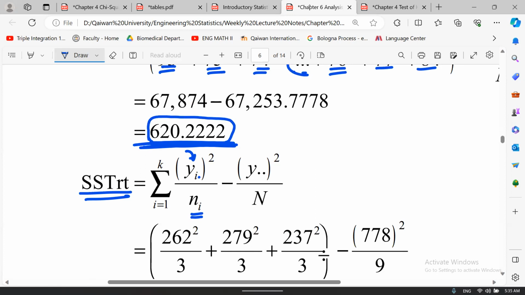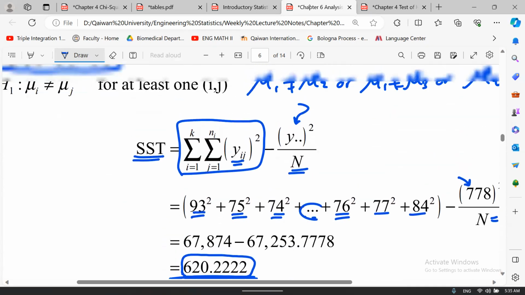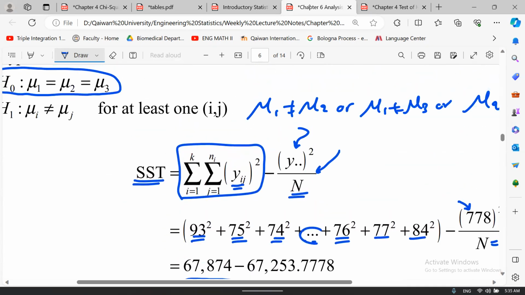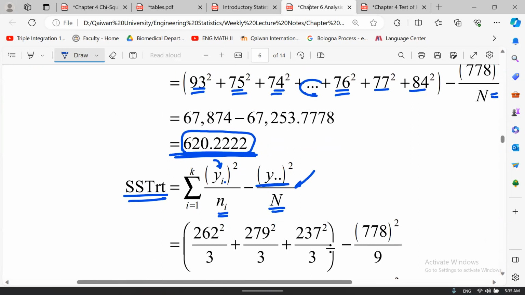We have them both. Yi dot is the sum at each level, and minus y double dot squared over n. Look, in both rules, we have y double dot squared over n. We have this. We subtract this from the summation.